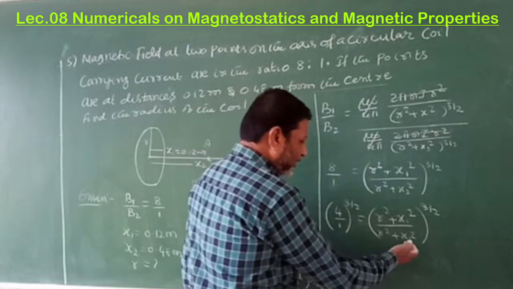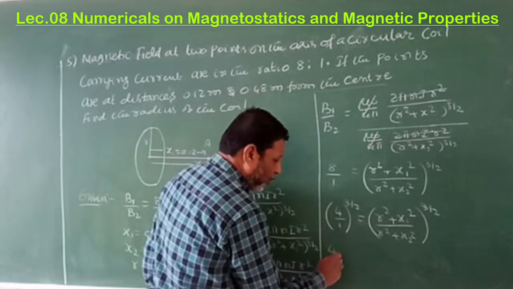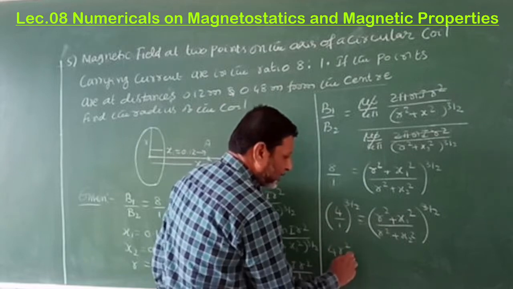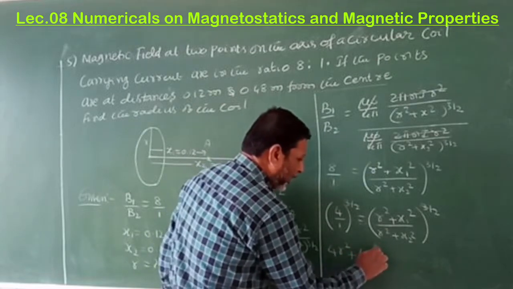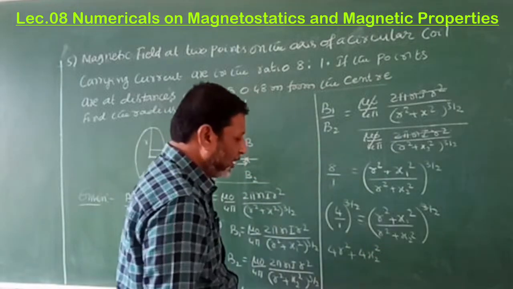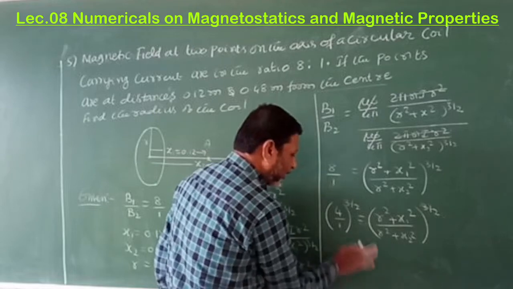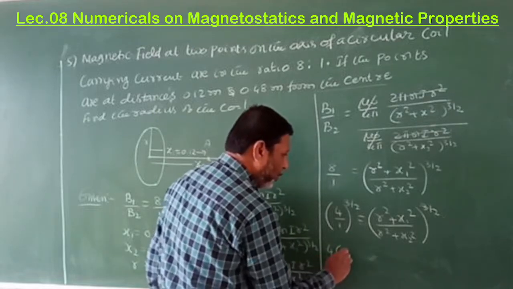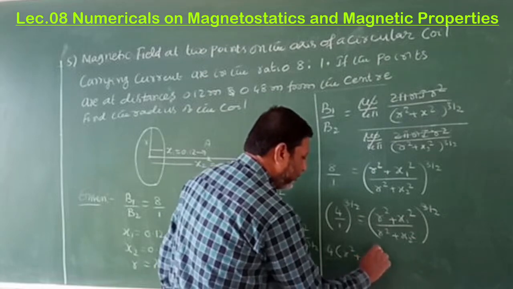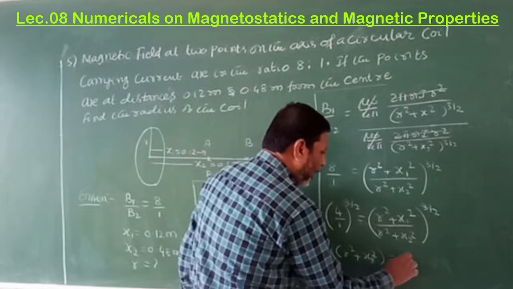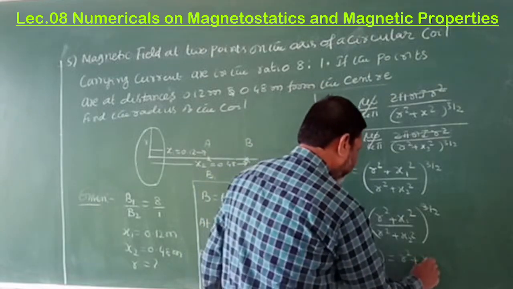Now what you do is cross multiply directly, you will get 4r square plus 4x2 square is equal to... or otherwise let us write this as 4 into (r square plus x2 square) is equal to r square plus x1 square.